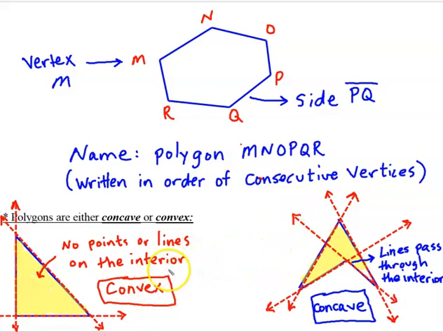All right, now let's talk about whether a polygon is concave or convex. Brief definition here. To be convex, you should not have any points or lines on the interior. This is a triangle and it is considered convex. Maybe it might help us understand convex by looking at the counterexample.